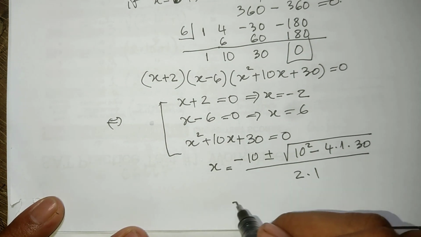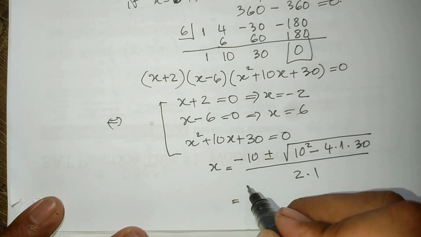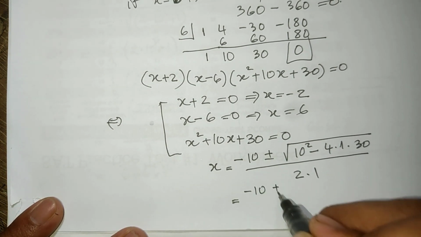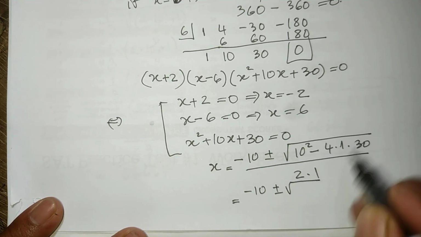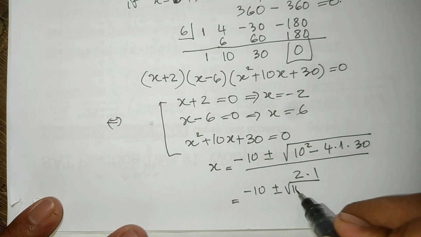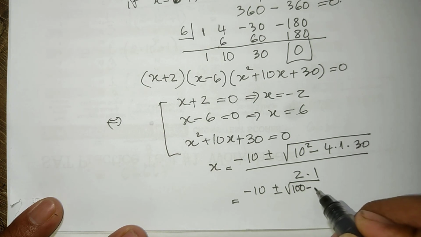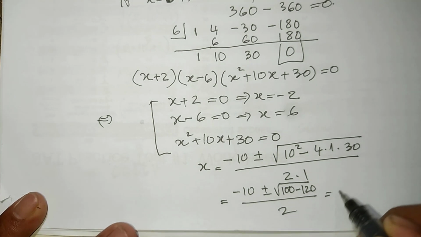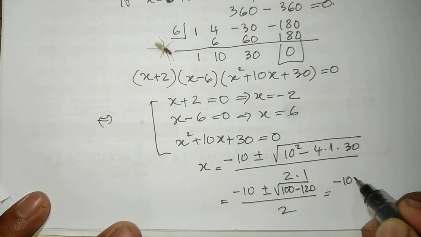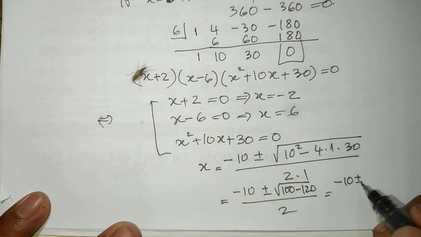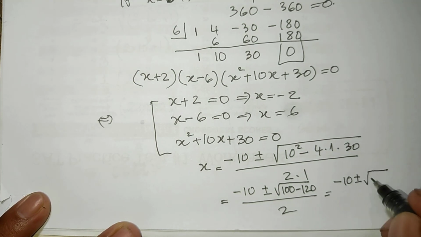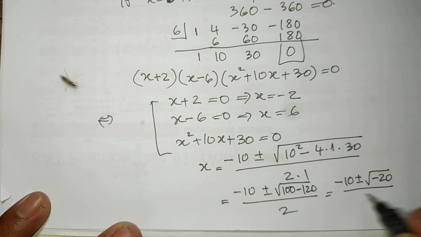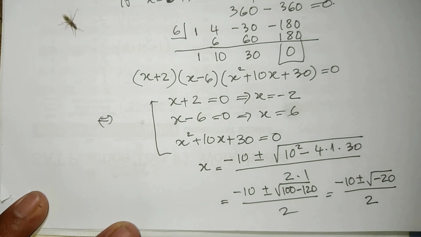We get minus 10 plus or minus the square root of 100 minus 120, divided by 2, which equals minus 10 plus or minus the square root of minus 20, divided by 2.